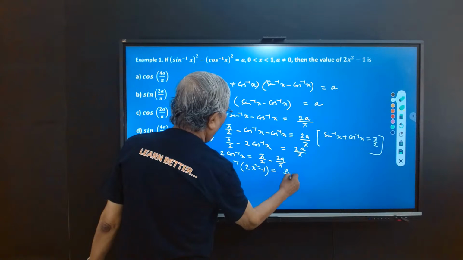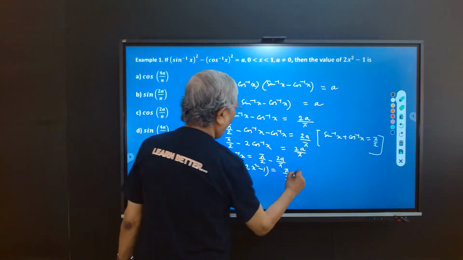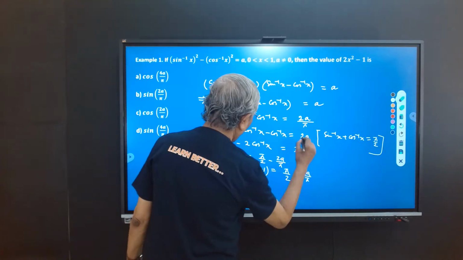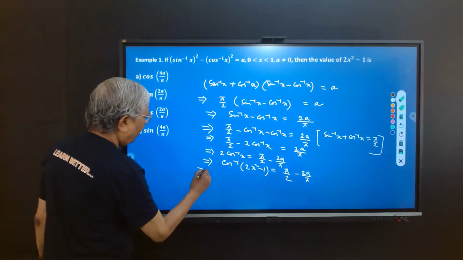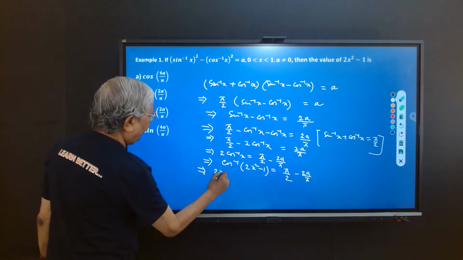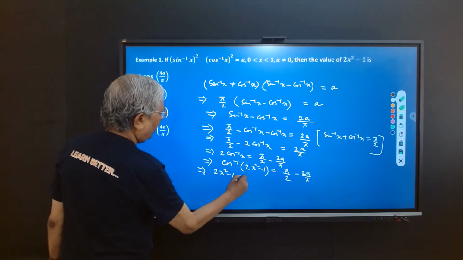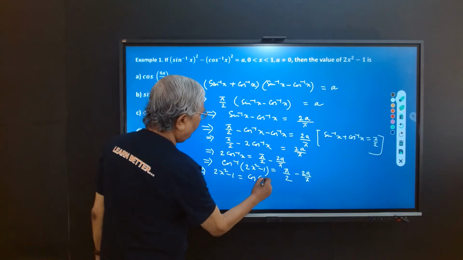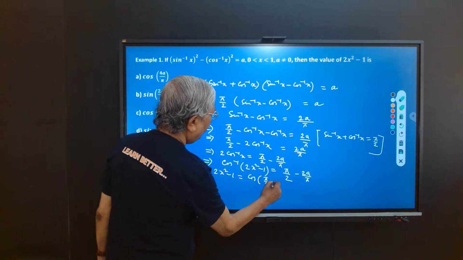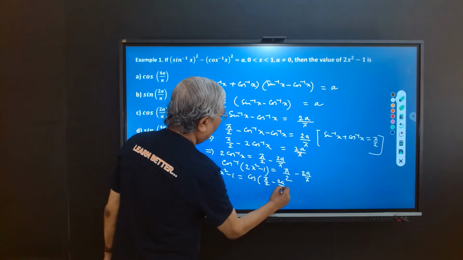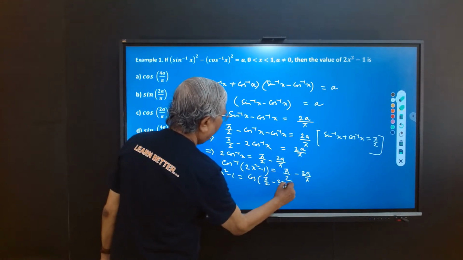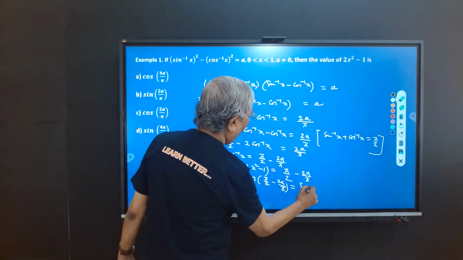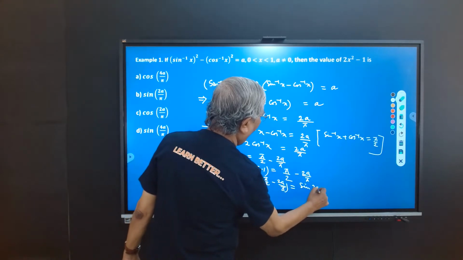How it comes, I will explain now. First I write, then I will explain. This will imply 2x squared minus 1 equals cos of (pi by 2 minus 2a by pi). So we know that cos of 90 minus theta is sin theta. So we can write sin of 2a by pi.